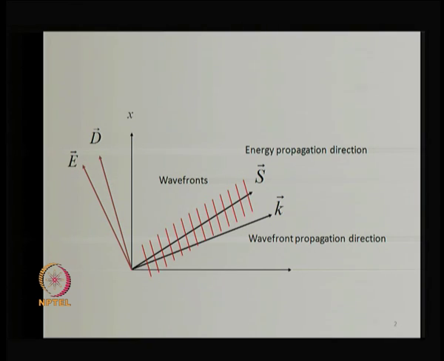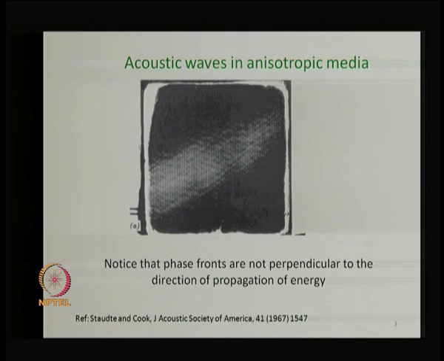And I found a nice picture here of acoustic waves in an anisotropic medium. The anisotropy is acoustic anisotropy, not optical anisotropy. You can see here a photograph of the wave fronts, those lines, and the beam is propagating at an angle, exactly the way I have drawn in the figure. It is a finite beam which starts like this.